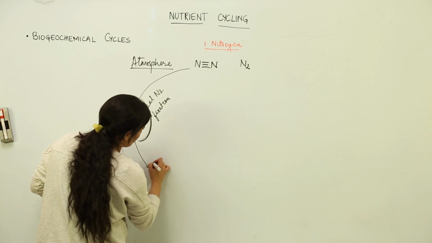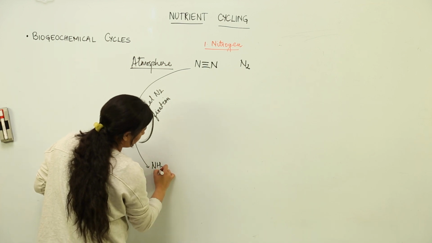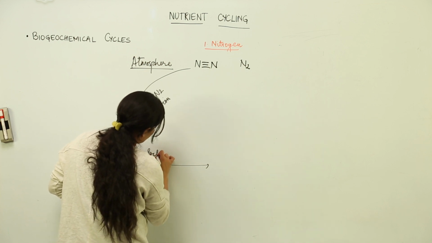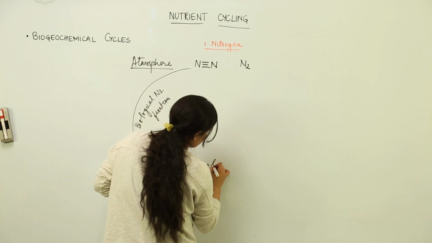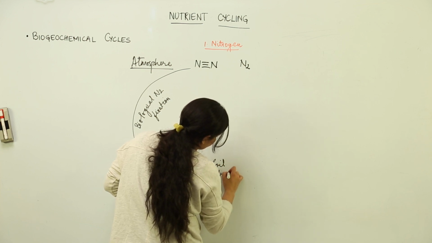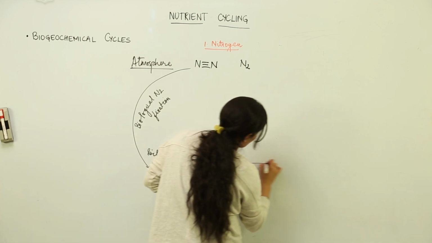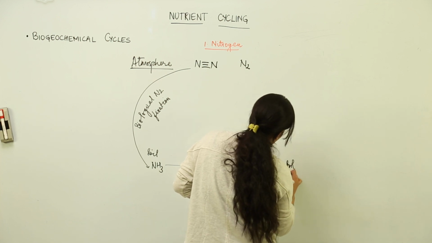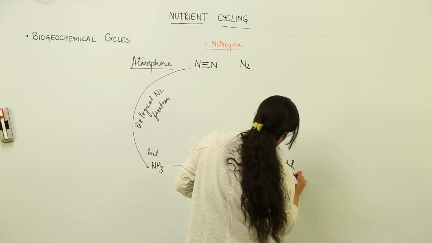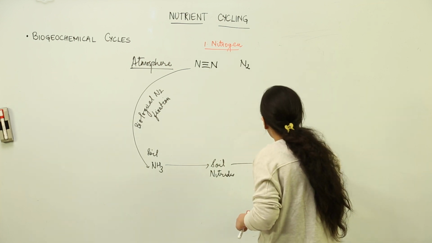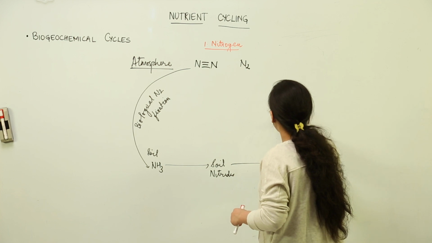They convert it into ammonia. This soil ammonia is converted to soil nitrites. These soil nitrites are further converted to soil nitrates. These soil nitrates are taken up by the plants.